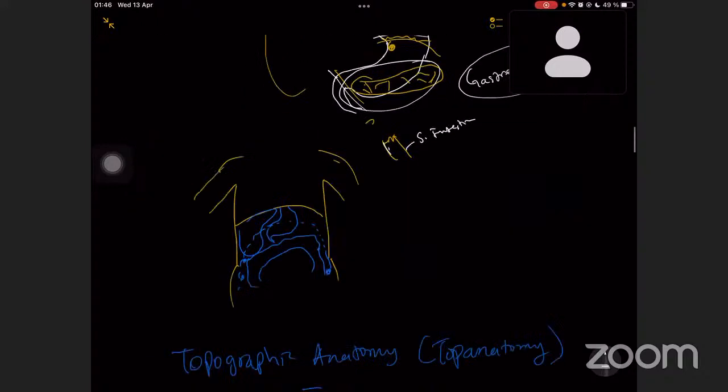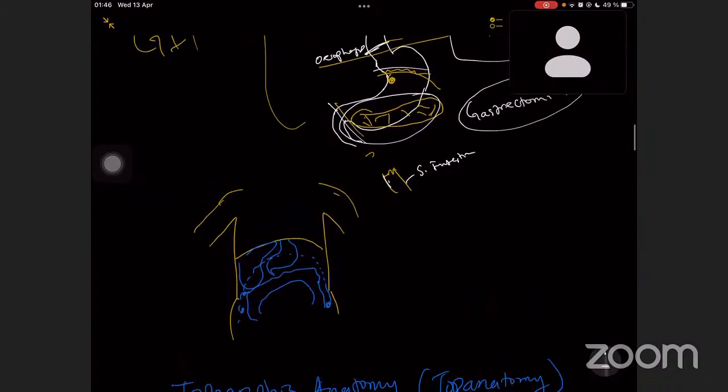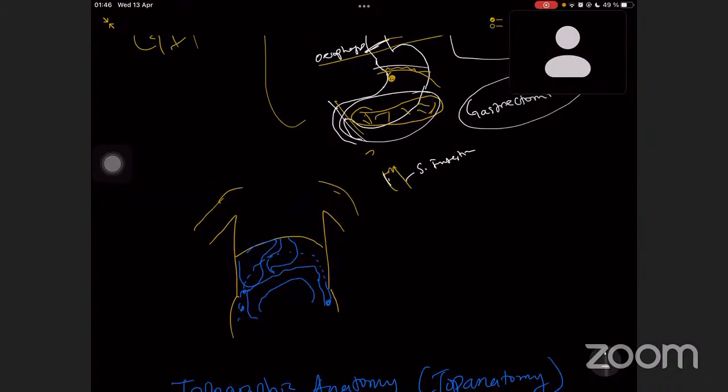For example, in the abdominal cavity, there is a certain movement of fluids. So the surgeon's clear knowledge of these processes will allow the surgeon to diagnose correctly and also manage correctly the condition at hand.